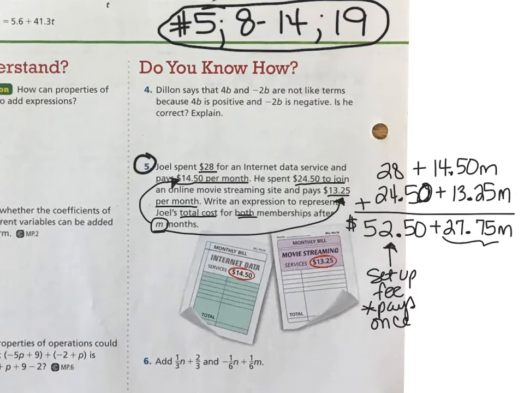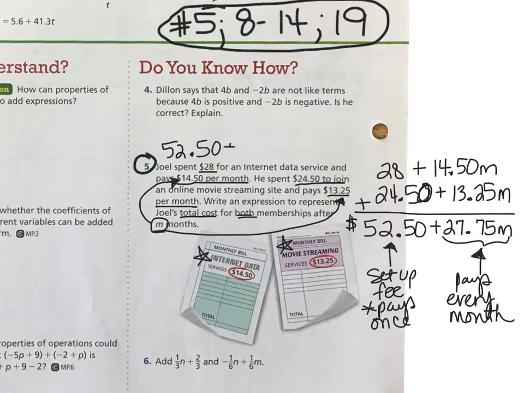And this amount here is what he has to pay every month. And that payment every month gets him both the internet data and the movie streaming service. So the expression that represents the cost for both memberships is 52 and 50/100 plus 27 and 75/100 M.